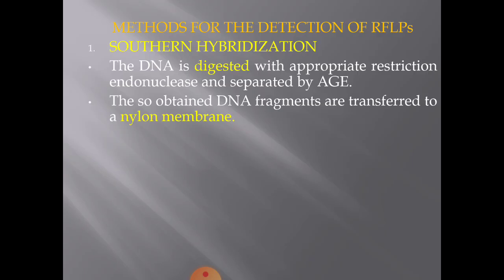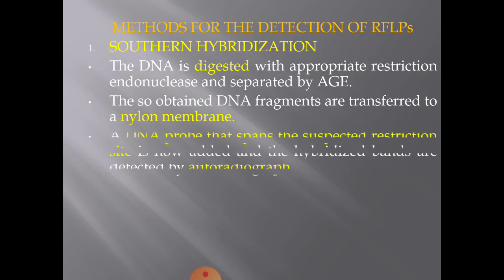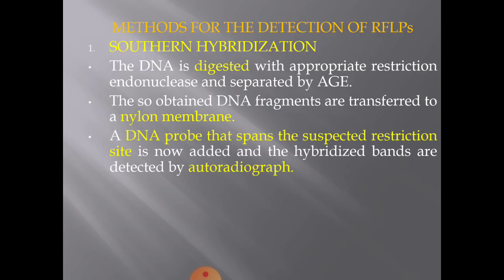Then the DNA fragments obtained after agarose gel electrophoresis, you can shift to a nylon membrane. Okay, nylon membrane. Then a DNA probe that spans the suspected restriction site is now added, and the hybridized bands are detected by autoradiograph. I'll show you the diagram later in the next slide.